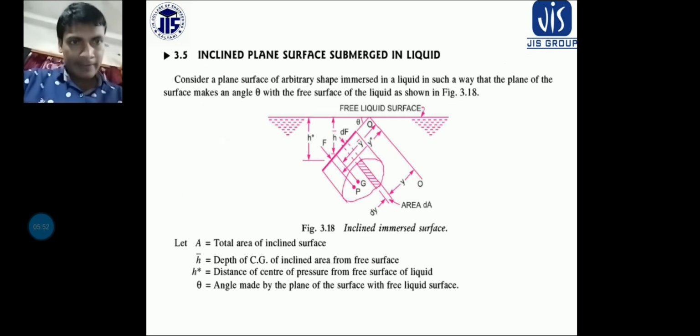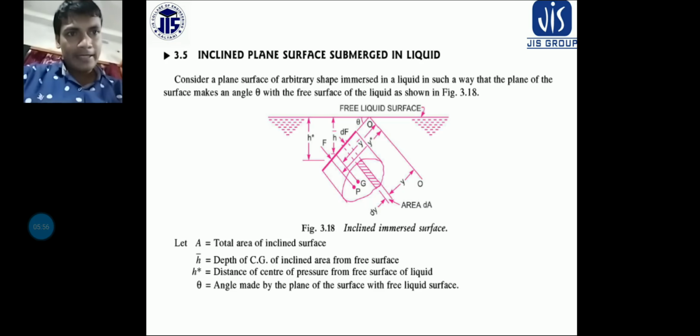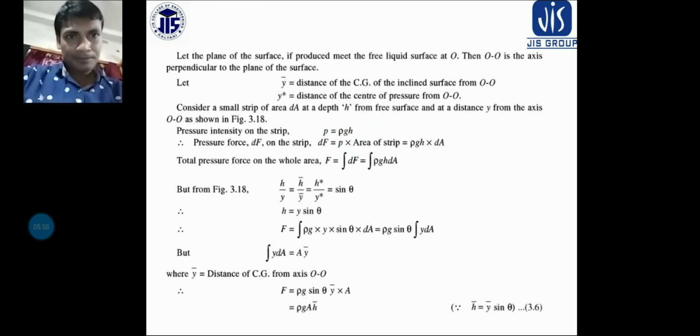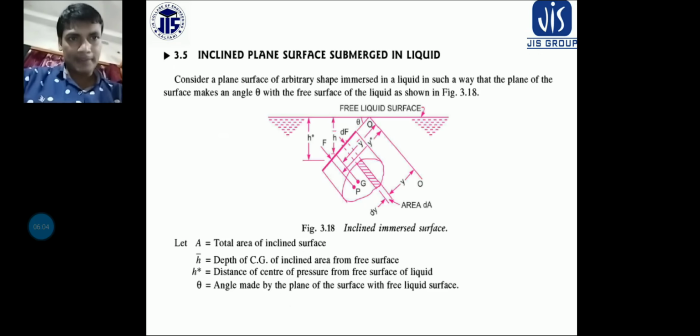Now from the triangular law we can say that h bar by y bar is equal to h star by y star is equal to h by y is equal to sine theta.